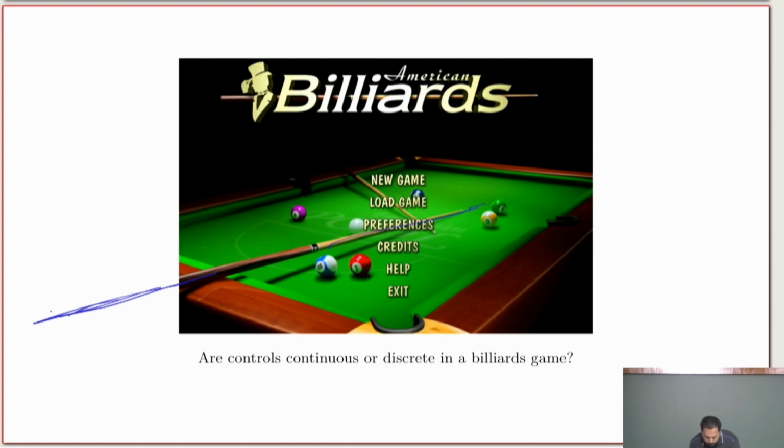So again, the range of possibilities for moving this billiard stick is a large number of possibilities. So hence we will again treat this as continuous. Here again, for the angle also there are a lot of possibilities. So again, it's good to treat this as continuous.